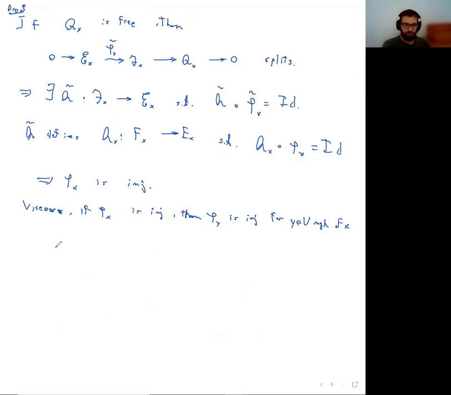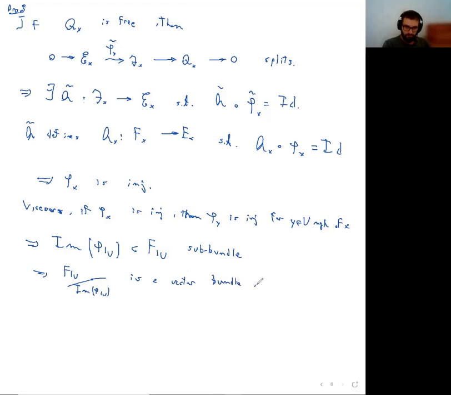But then since they're injective over this neighborhood, this image is a subbundle, because it has constant rank. Hence, the quotient here is a vector bundle over U. And what is this sheaf of sections?